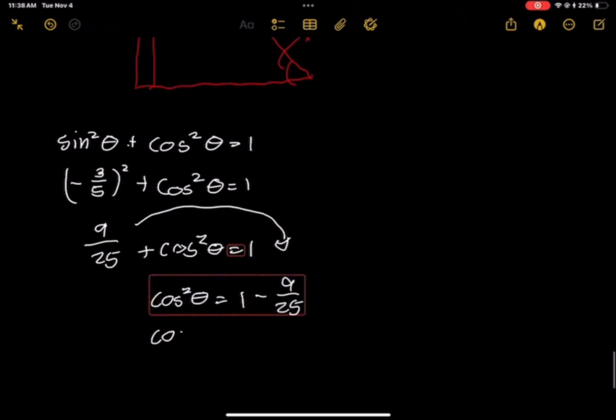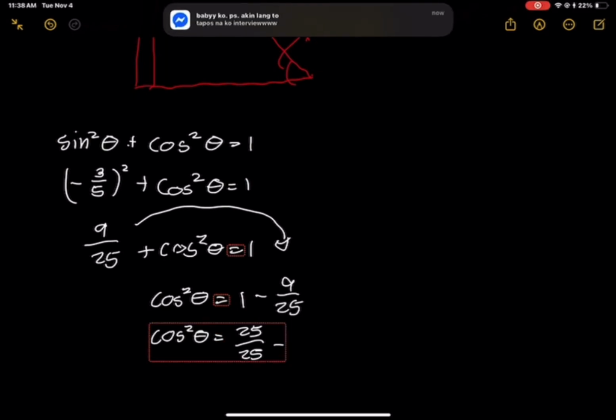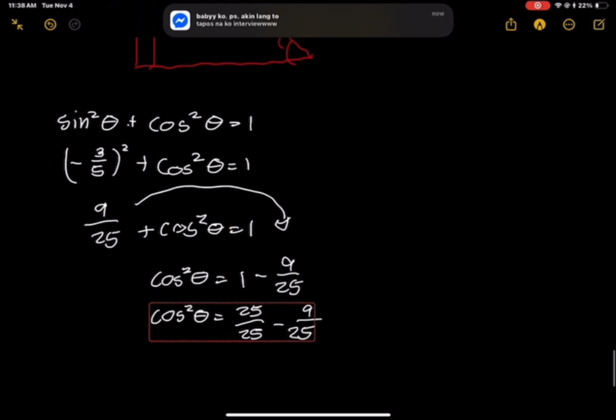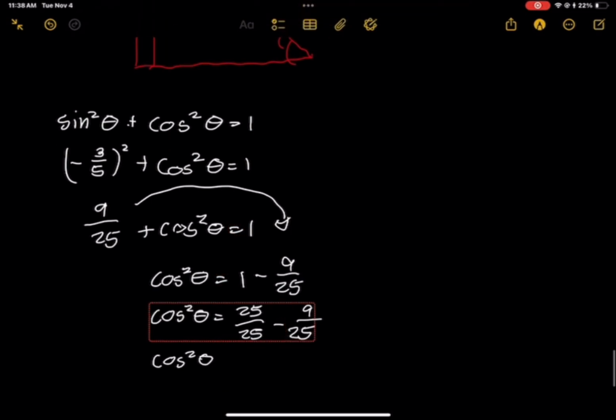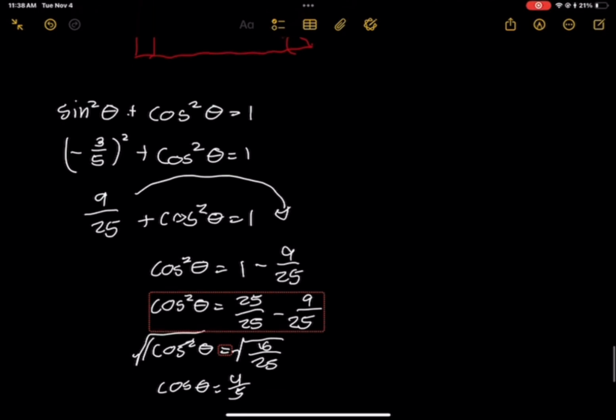Now, it's a fraction and a whole number. So, to subtract this, we will go with 25 over 25 minus 9 over 25. So, 25 minus 9 equals 16 over 25. We will copy the denominator only. And now we will take the square root of both sides to remove the square. And so we will have cos theta equals 4 over 5.